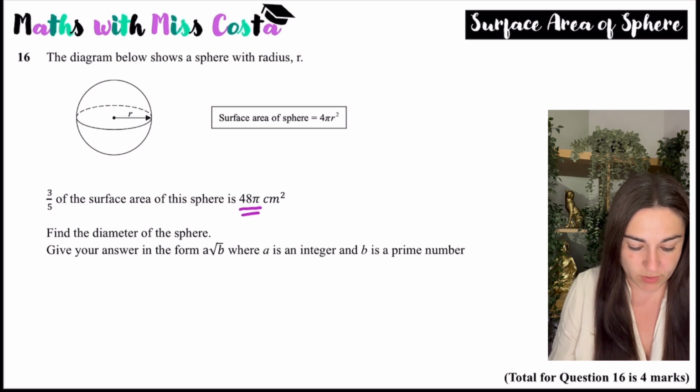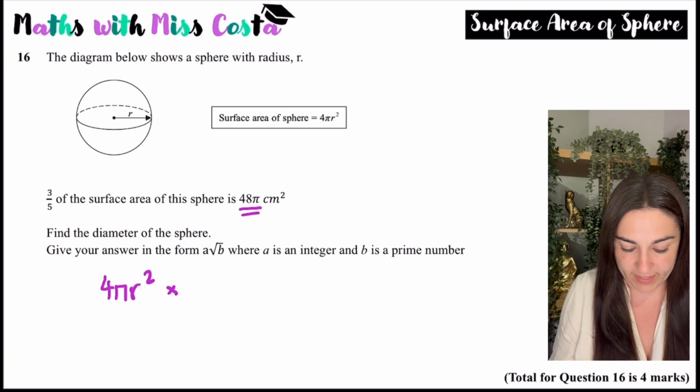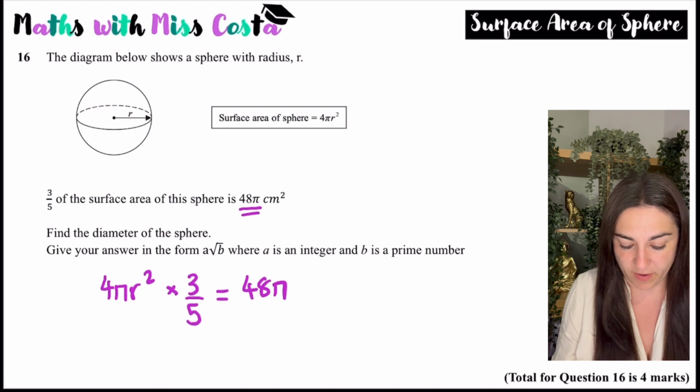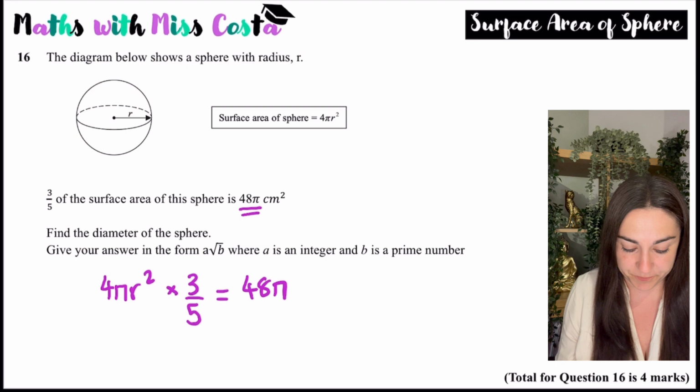So first of all, I can substitute what I know. So I know that the surface area of the sphere is 4 pi r squared, and that 3/5 of this is equal to 48 pi. So 4 pi r squared times by 3/5 must be equal to 48 pi. So I'm using the information the question has given me to set up an equation.